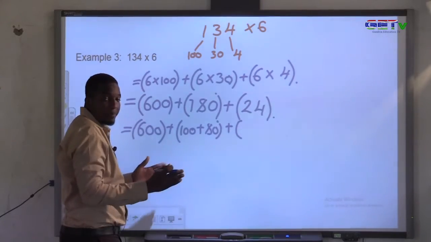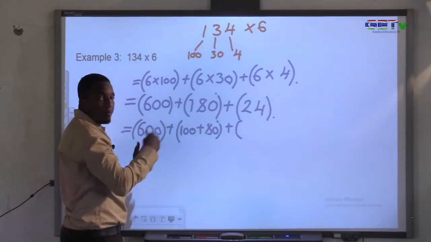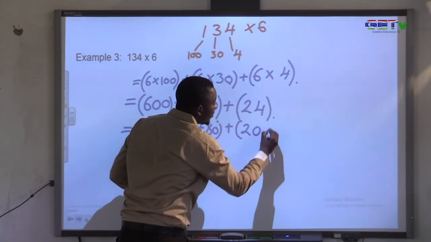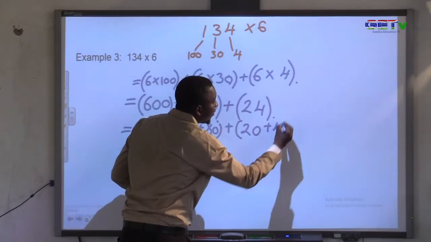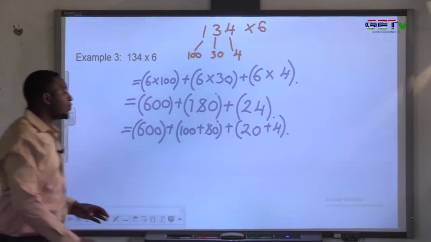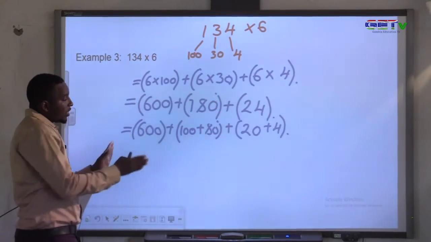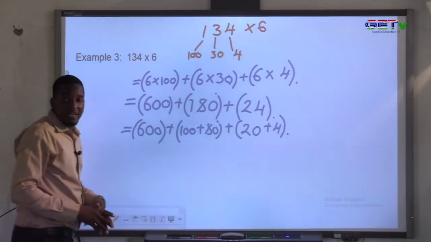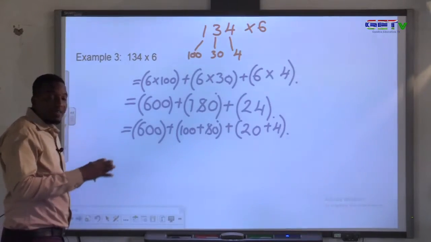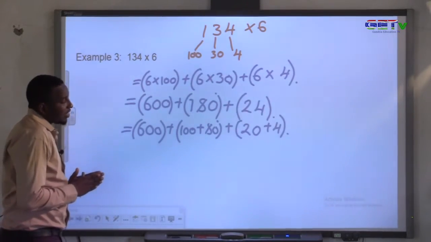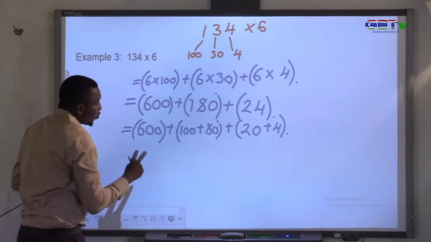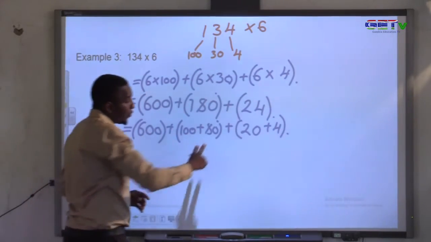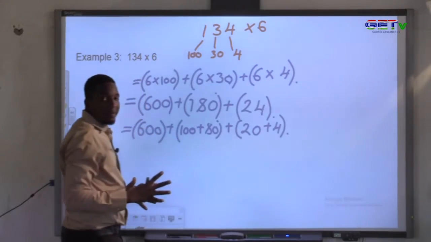So we can also separate it. We can have 20 plus 4. The reason why we are doing this is because we want to group them. We want to make sure the hundreds are together, the tens are together, and the units are also together. We are trying to separate them rather. So we are going to group 600 and 100 together, and also put 80 and 20 together.